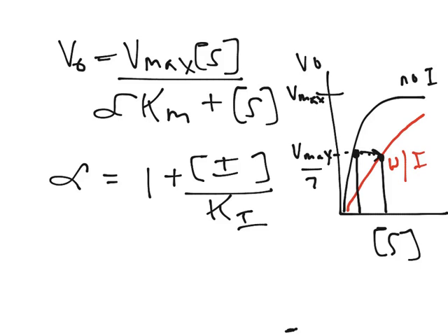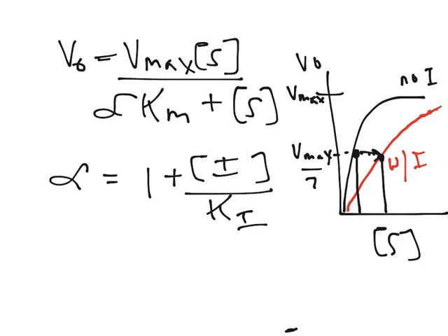But eventually, even in the presence of inhibitor, this red graph is going to make its way up to Vmax. If you add lots and lots of substrate, eventually the enzyme will have a higher probability of finding substrate rather than an inhibitor. So you can essentially outcompete your competitive inhibitor in the presence of lots of substrate.